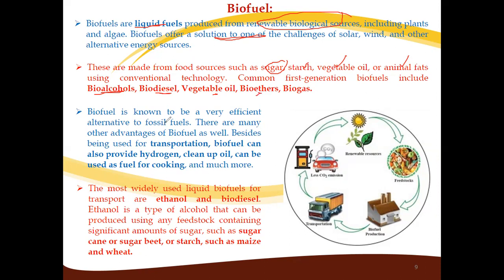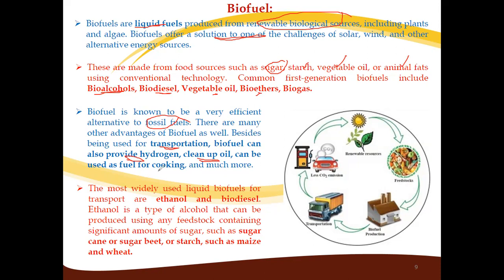Biofuel is known to be a very efficient alternative to fossil fuels. There are many other advantages of biofuels as well. Biofuel can be used for transportation. Biofuel can be used to provide hydrogen as a clean energy source. Biofuel can be used as a cleanup oil.